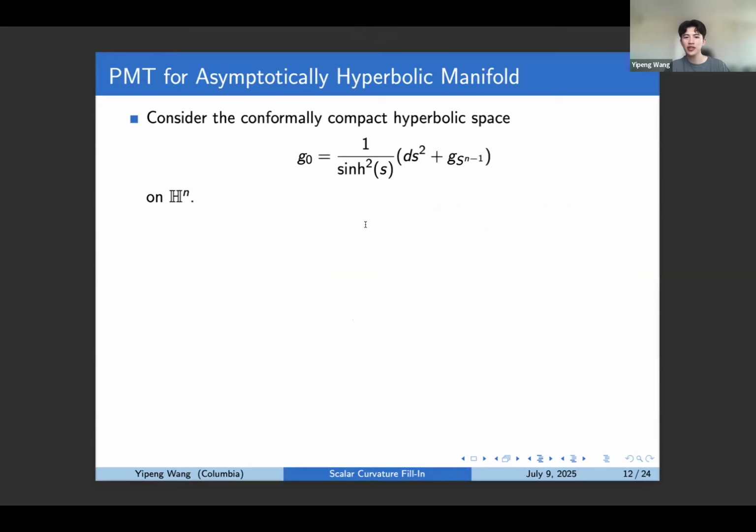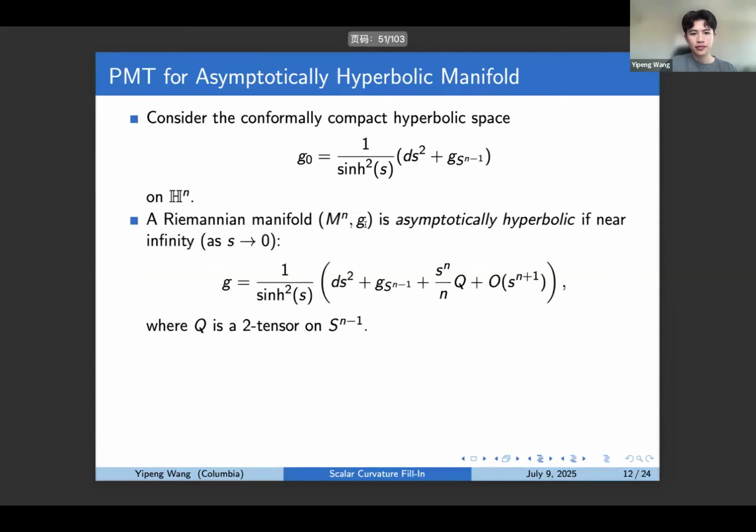So what you start with, you consider the conformally compact hyperbolic space. That's our model metric. Then I say a Riemannian manifold is asymptotically hyperbolic if you have the following kind of asymptotic expansion at infinity. Notice that in this coordinate system, the infinity corresponds to this parameter going to 0.